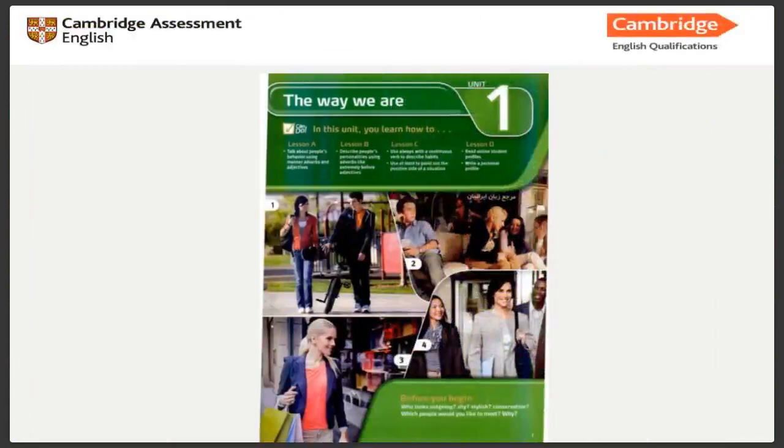Each unit has 4 lessons, A, B, C, and D, and each lesson has 2 pages. It is important to note that lessons should be taught in this order, A to D. However, there may be some variety in the position of pronunciation, listening, and speaking activities from unit to unit. The lessons present grammar, vocabulary, conversation strategies, and listening, reading, and writing practice.